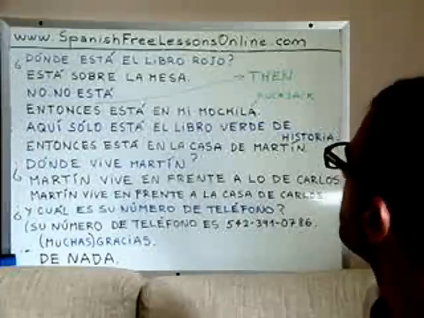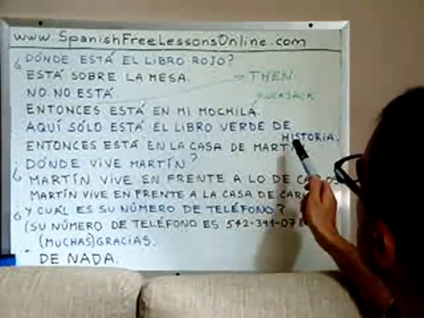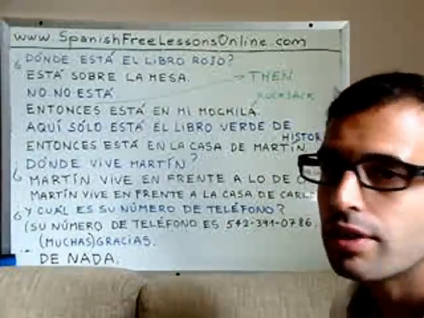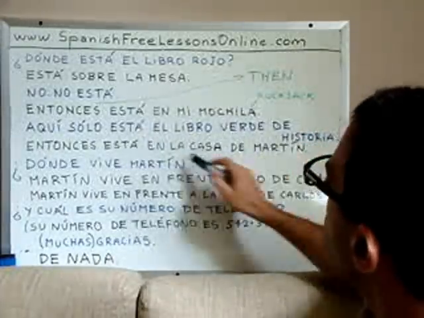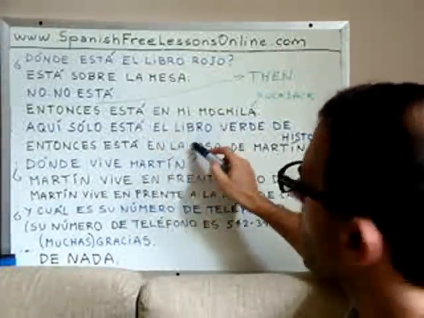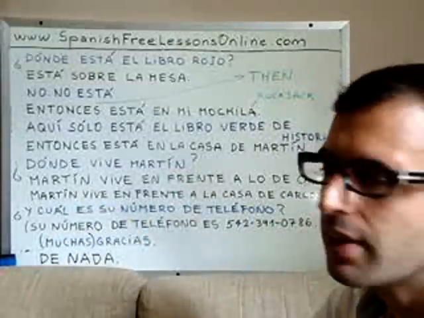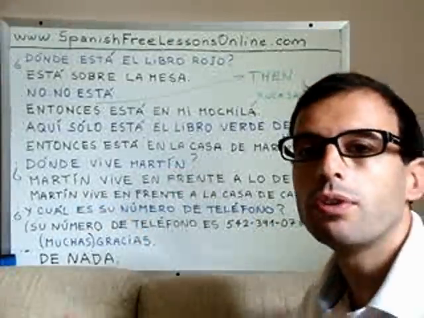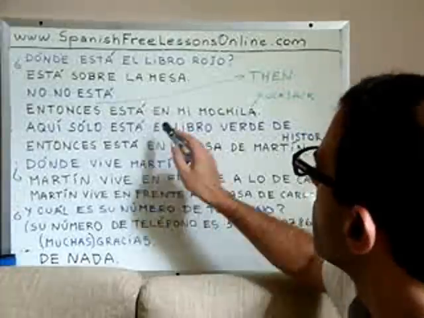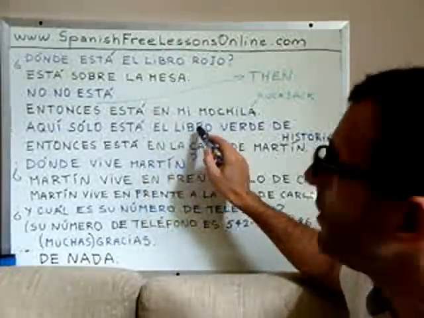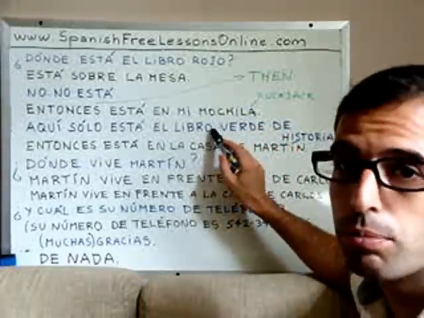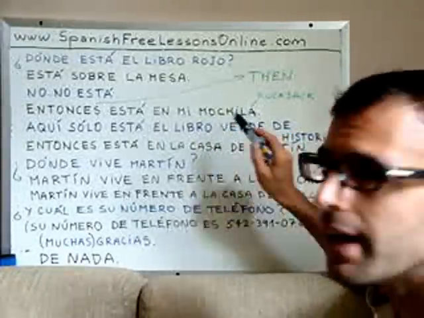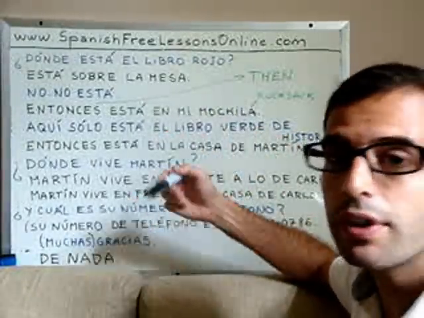So again, the adjective always goes at the end. You don't put historia before book, like history book. No. In Spanish, the adjective always goes at the end. So first goes a noun, later goes the adjective that refers to the book, that it's a green book, and after that you say it's of history, right?